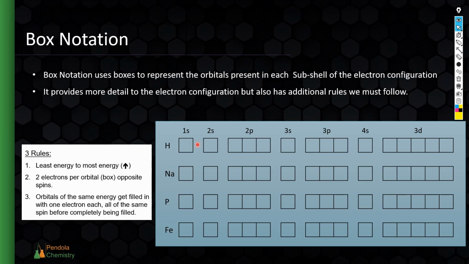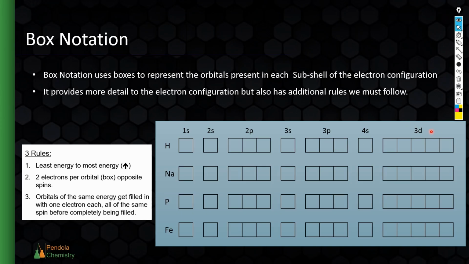So you'll notice that the 1s, 2s, 3s, and 4s sublevels have 1 square below them because the s sublevel only has 1 orbital. The 2p and the 3p sublevels have 3 squares below them because we have 3 orbitals in the p sublevel.